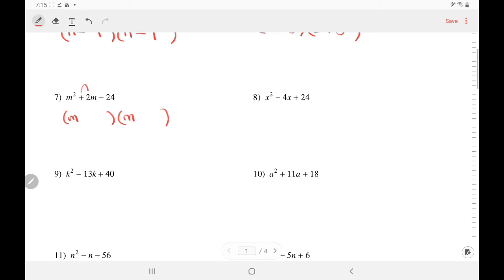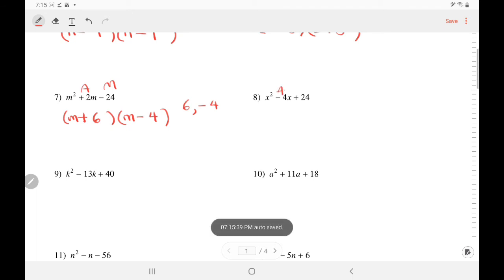I need to add to be positive 2, but multiply to be a negative 24. To multiply to get a negative number, you have to have opposite signs. I know that 6 times negative 4 would give me negative 24, and it would add up to 2. So positive 6, negative 4.